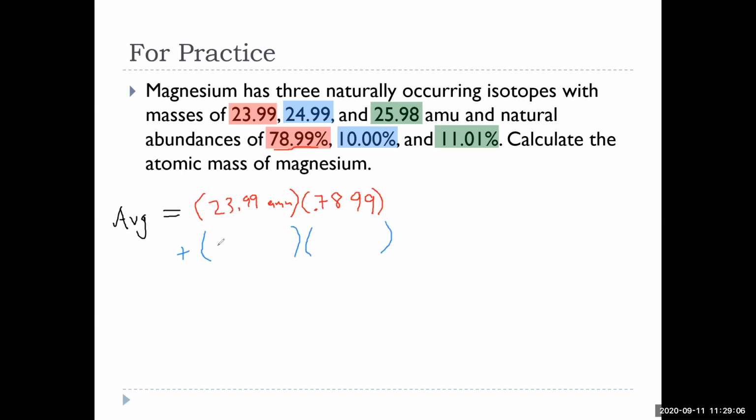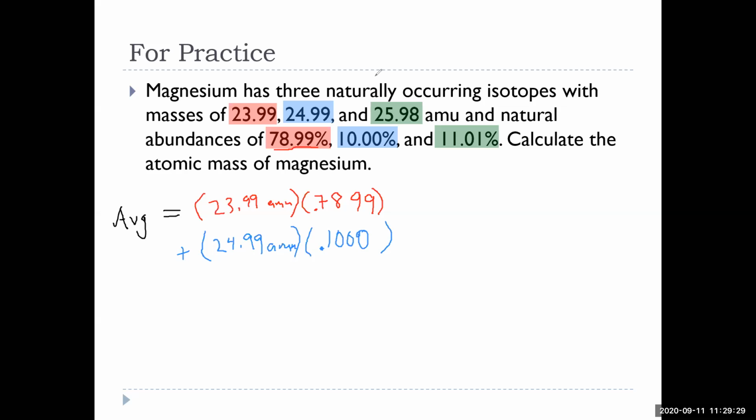So our second isotope weighs 24.99 AMUs. And this shows up 10% of the time. 10% written as a decimal is 0.10000. Let's keep the same number of significant figures.